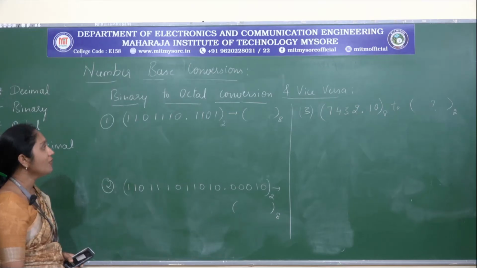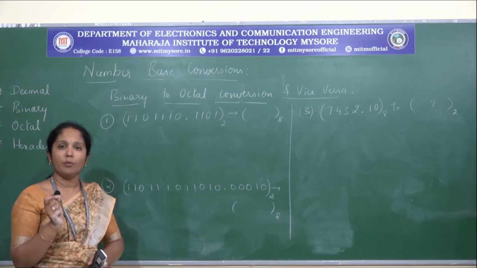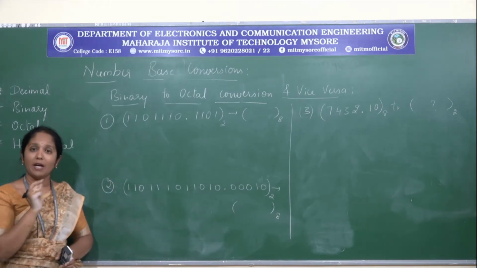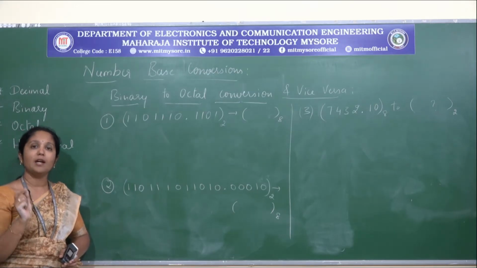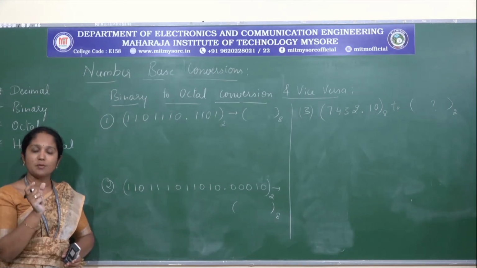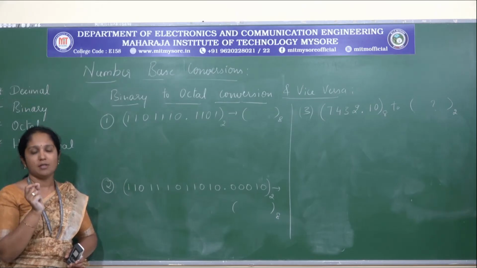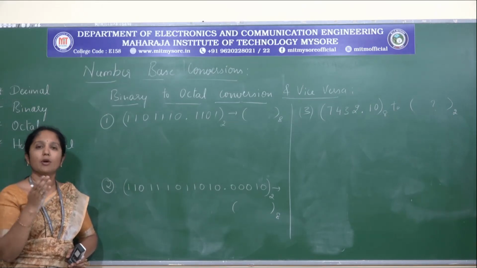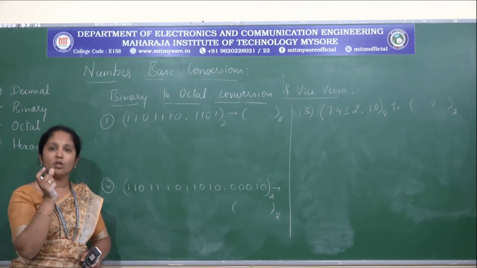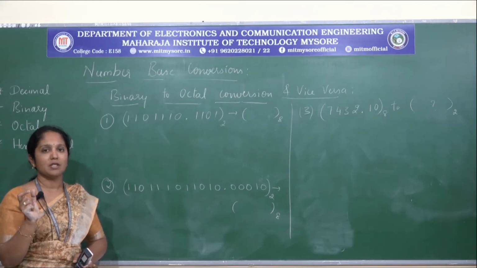Yes, now what we are supposed to do when we want to convert binary to octal is, we need to make a group of 3 bits in the binary sequence, and we need to express each group using the octal number system, that is using 0 to 7, the digits we have in the octal number system.